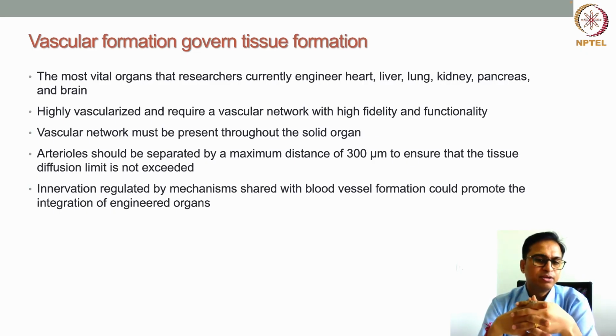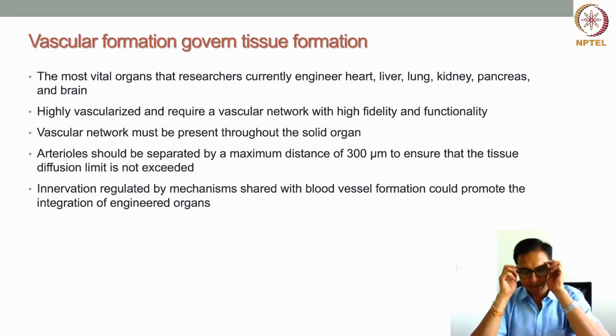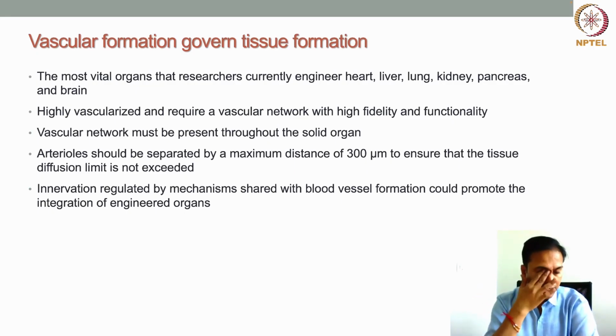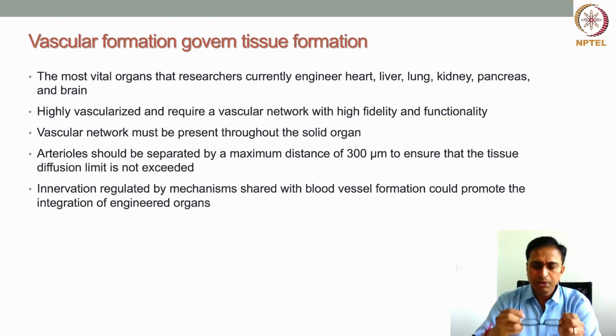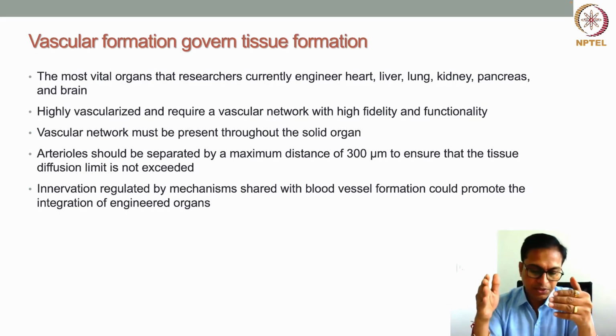Why is it important? Various researchers have found over experiments that cells cannot survive if they are present beyond 300 micrometers from an existing blood vessel, typically a capillary structure, because nutrition and oxygen cannot reach beyond that limit.